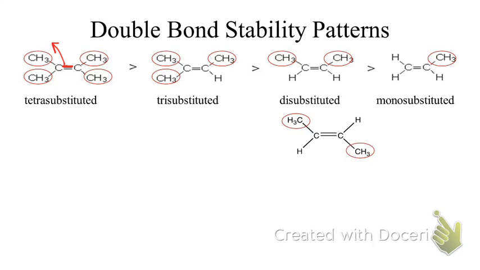Okay? So if we look at those electrons coming out, what's circled over here? A methyl group. What does that carbon and hydrogen have around it? For it to be a methyl, what does it need to have? Carbon. And 3 hydrogens.